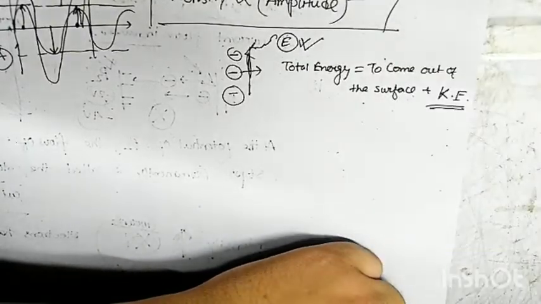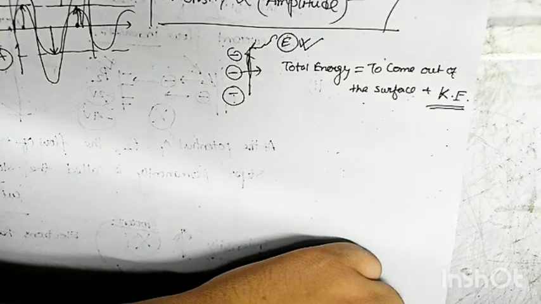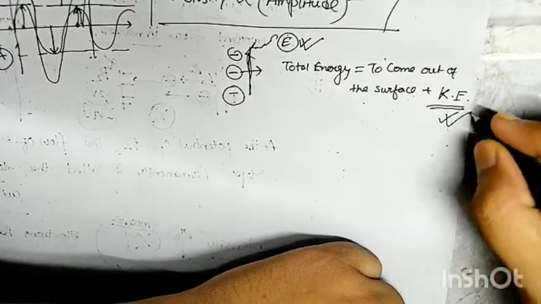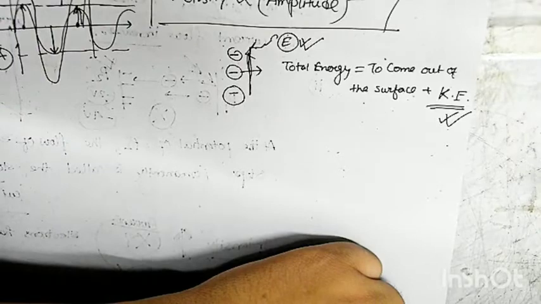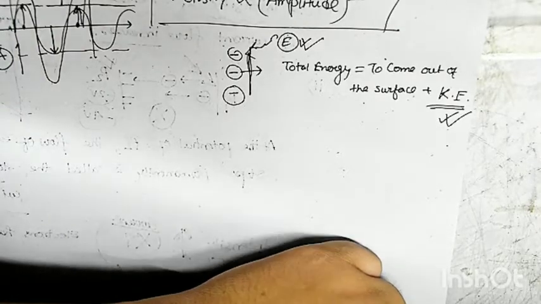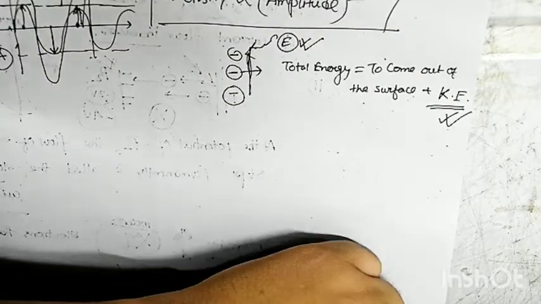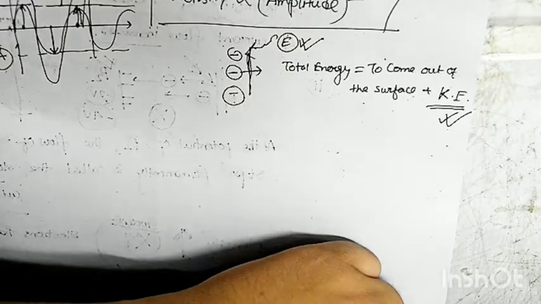So if I just increase the intensity, that means increasing the energy of the incident radiation, the kinetic energy of that electron must increase. And if the kinetic energy of the electron increases, then electrons of higher kinetic energies should appear.